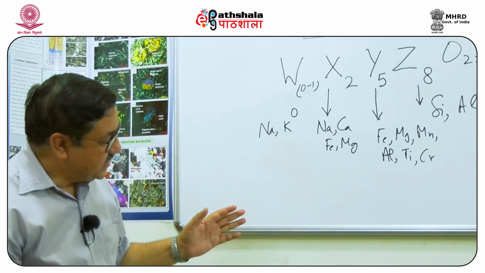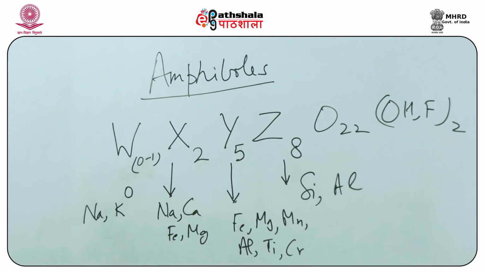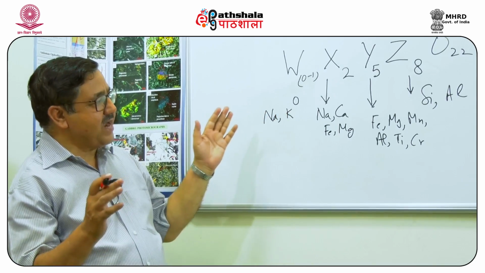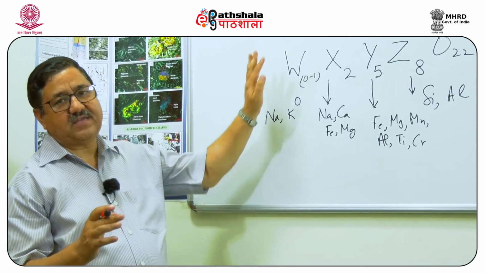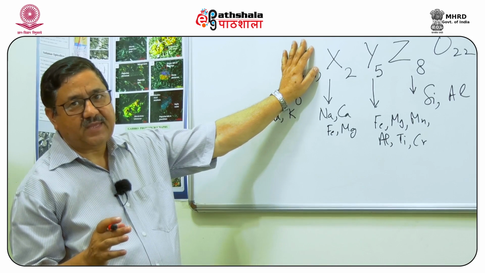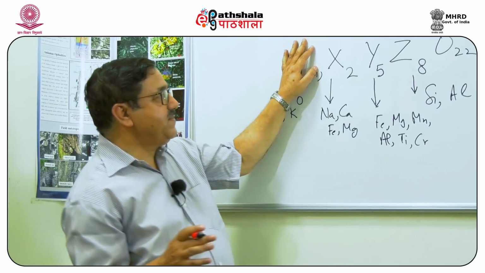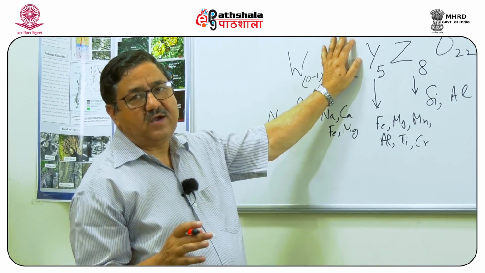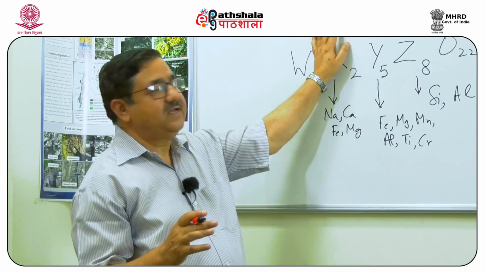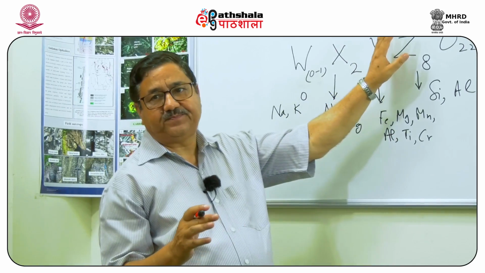As you can see, the structure of amphibole is such that it can have a wide-ranging chemistry. For example, you can have an amphibole without any W cation, which means a vacancy here. Similarly, you can also have an amphibole which has no calcium or sodium, only aluminium, iron and magnesium.